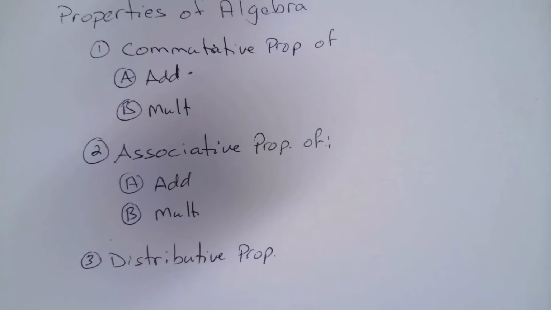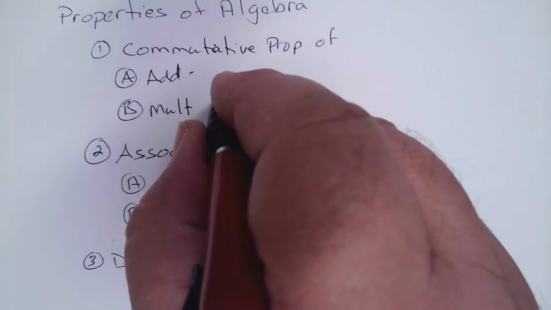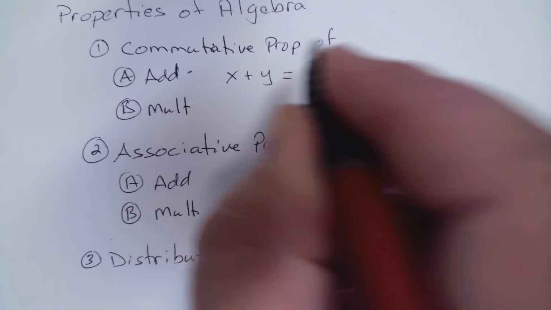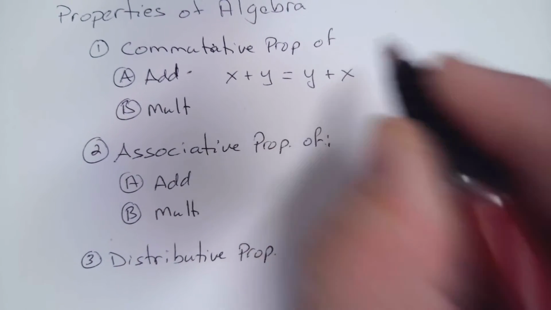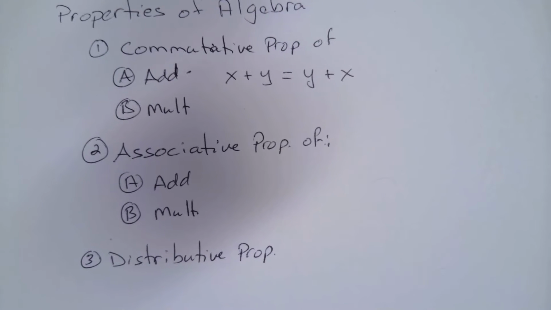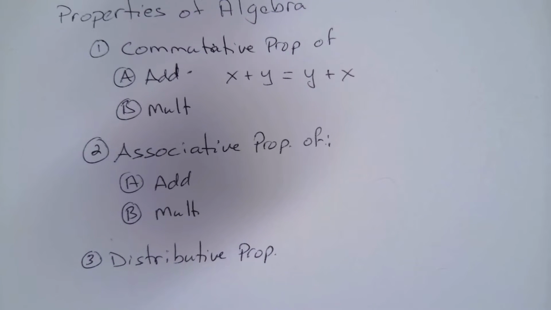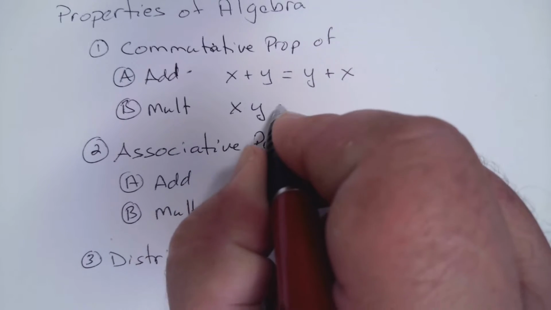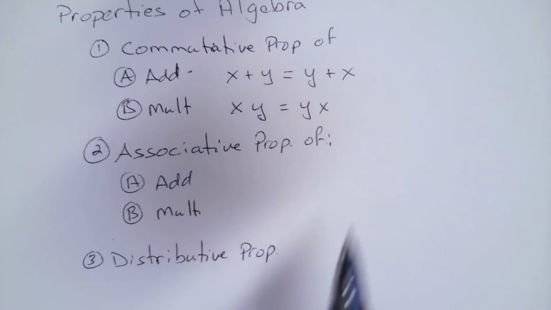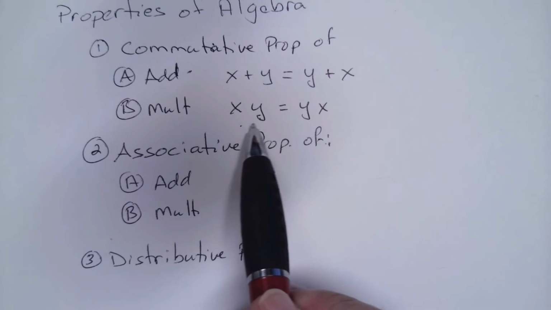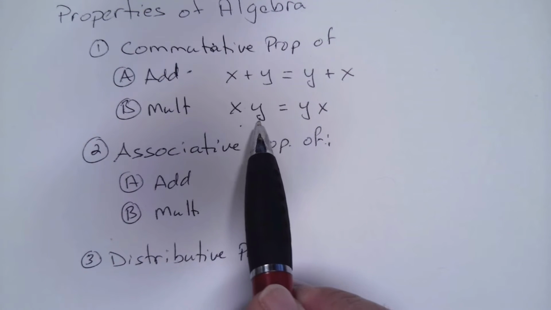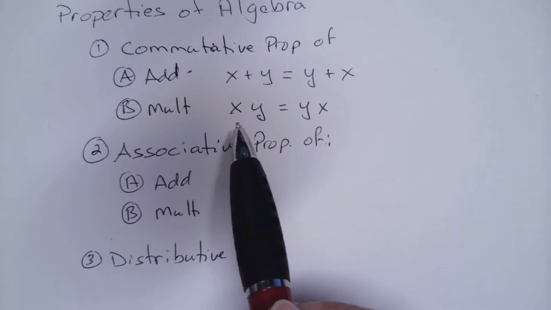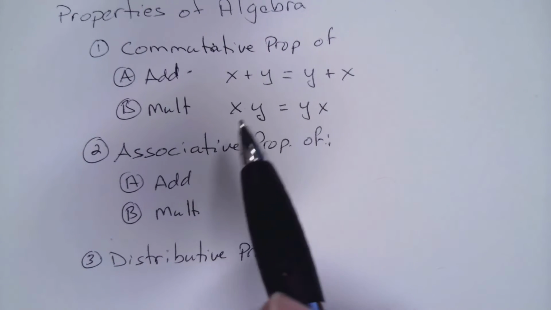So what did the commutative property of addition look like? Basically, it says no matter how you arrange the numbers with addition, it'll give you the same answer. And then for multiplication, how would you read this? xy, yes, or x times y.